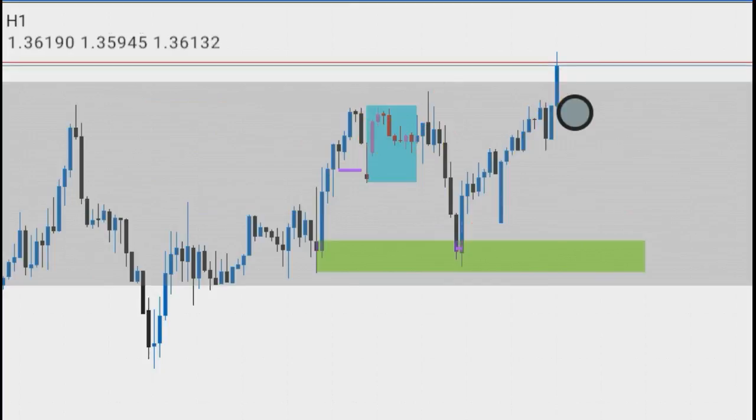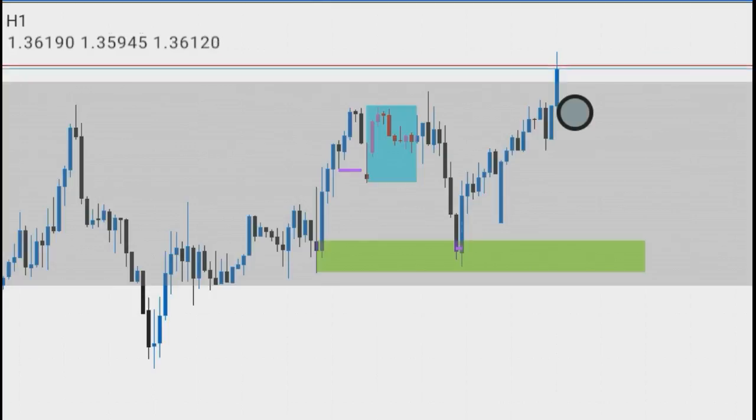All right? Now, as you may have known, the market is divided into 3 principal sessions: the Asian session, London, and the New York session. Now, the Asian session starts with the Sydney session.